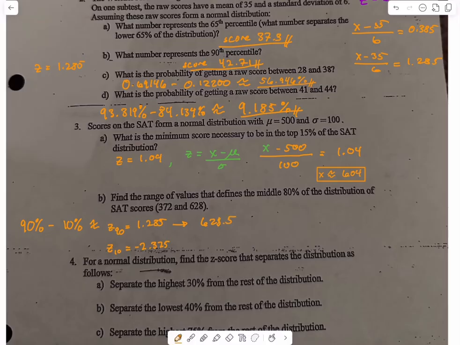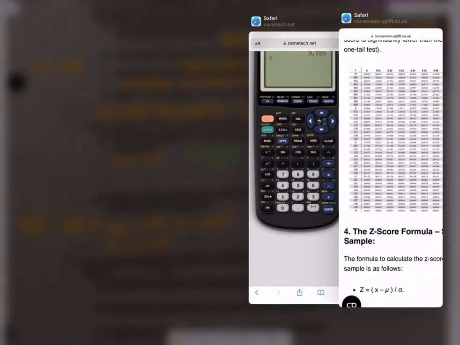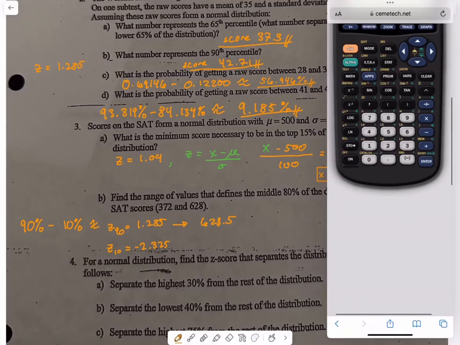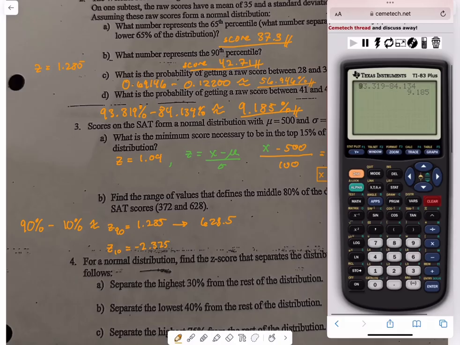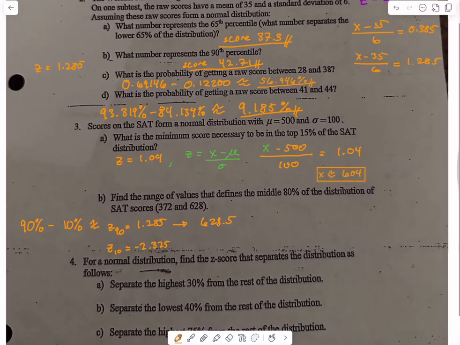This one times 100 plus 500, so we're going to say 500 minus 232.5, which is 267.5.